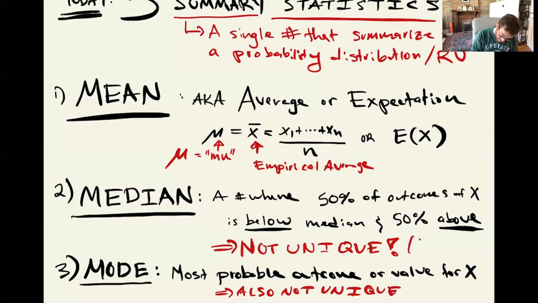And again, in both these cases, what I mean by not unique is that there are examples where it's not unique. So in general, it's not unique. But in some specific cases, it is unique, and so there is a single median and a single mode. All right, let's move on.